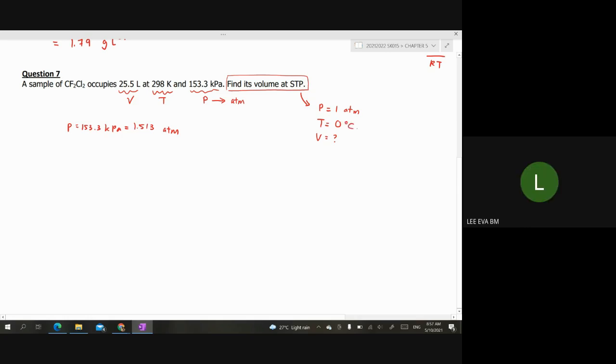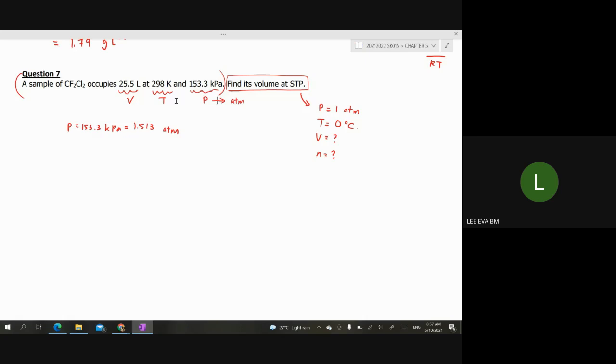It happens at the pressure of 1 atm, temperature 0 degrees Celsius, and the number of moles we have no idea, but we have to find the volume. So for your first sentence we have to find the number of moles. If you see the VTP, what is missing here is the number of moles. So you have to use PV = nRT to find the n for the first sentence.